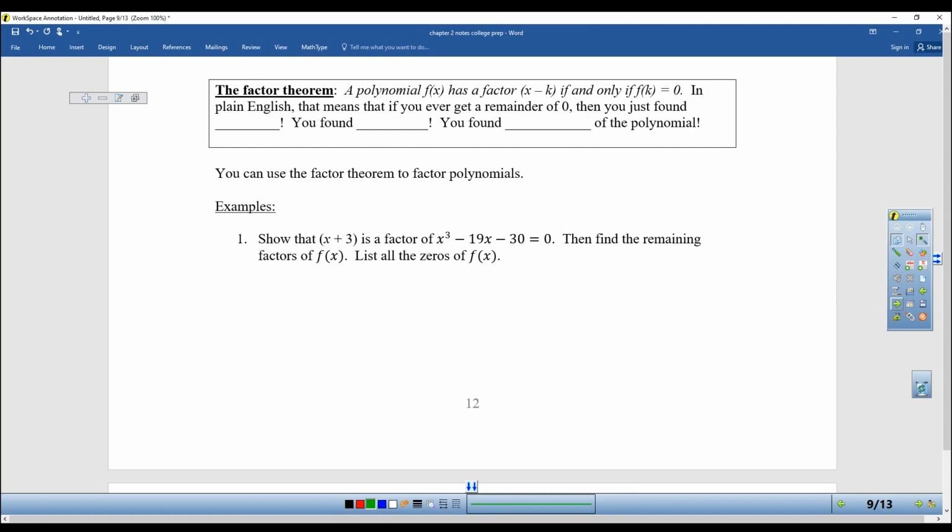Okay, the factor theorem. A polynomial f of x has a factor x minus k if and only if f of k is equal to 0. Again, let's put that in plain English. That means if you ever get a remainder of 0, then you have just found a factor.